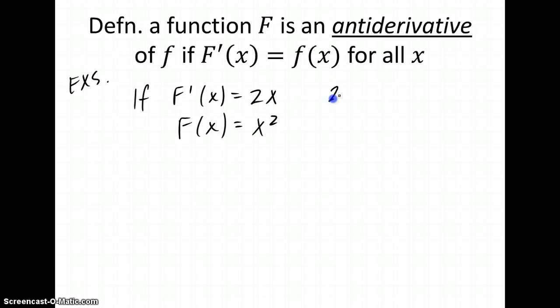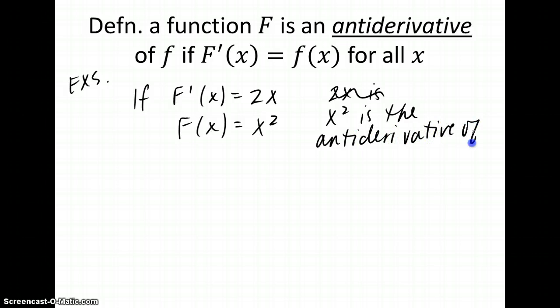So x squared is the antiderivative of 2x. 2x was the derivative, that's where we started. What function has a derivative of 2x? x squared.